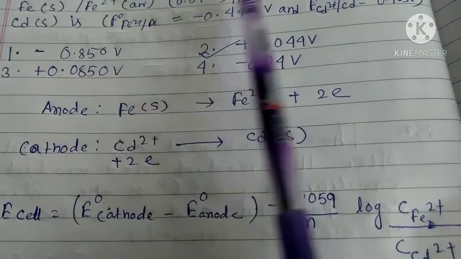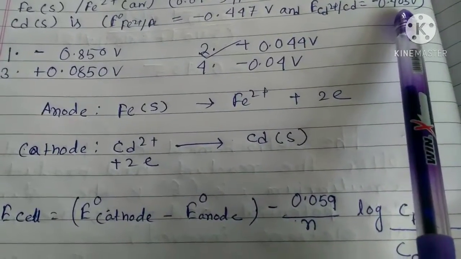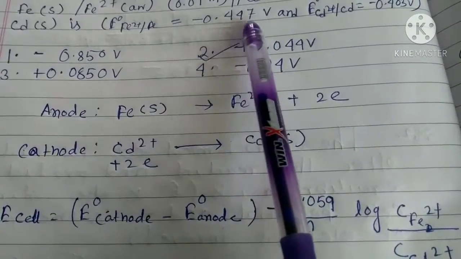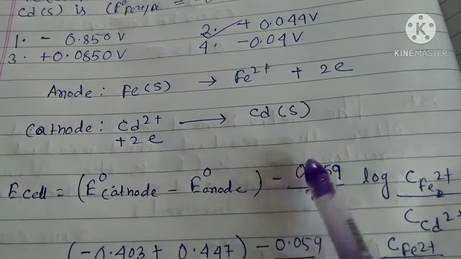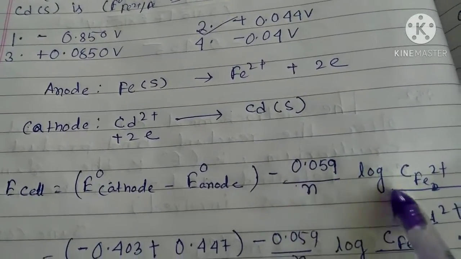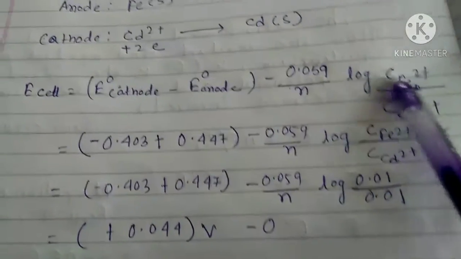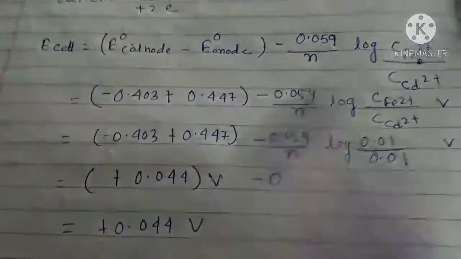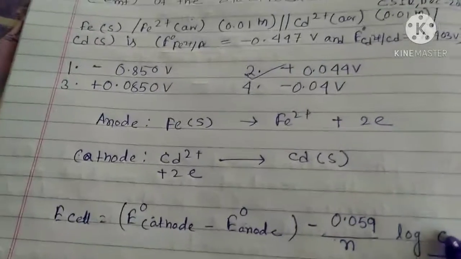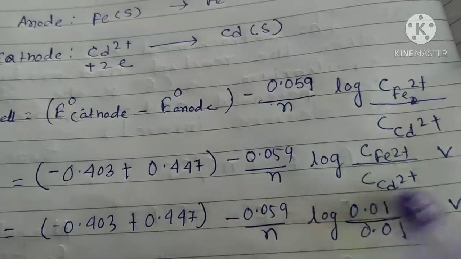The standard half cell potentials for iron and cadmium are both given here in the form of reduction potential. So we can write E cathode minus E anode minus 0.059 by n log of the concentration of Fe2+ by the concentration of cadmium 2+. Now, the concentrations of Fe2+ and cadmium 2+ are the same, 0.01 molar, so this part becomes 0.